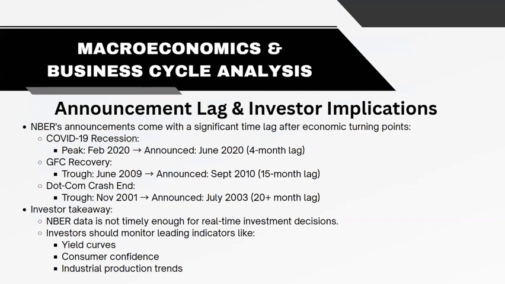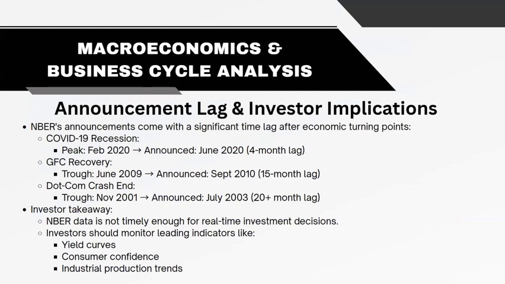We picked three: the COVID-19 recession, the global financial crisis recovery, and the dot-com crash end. The announcement from NBER of the COVID-19 recession was June 2020. It was September 2010 for the global financial crisis, and it was July 2003 for the dot-com crash.